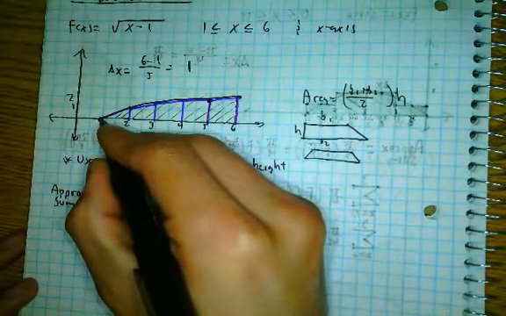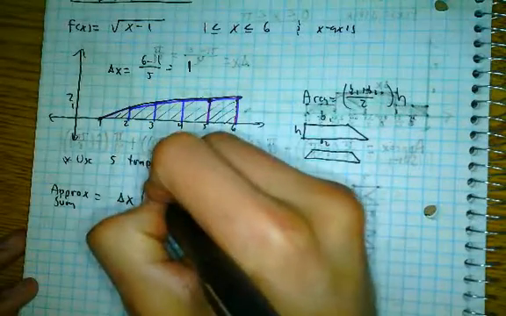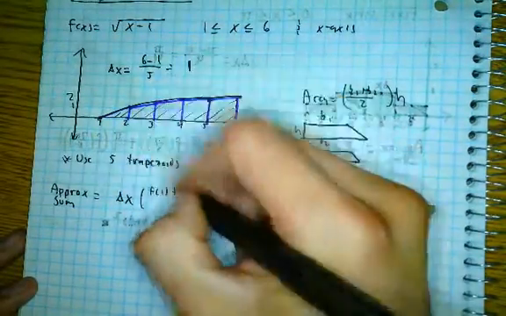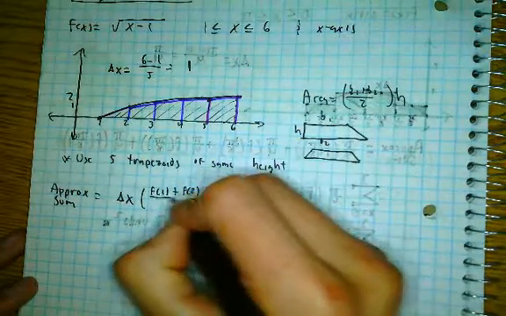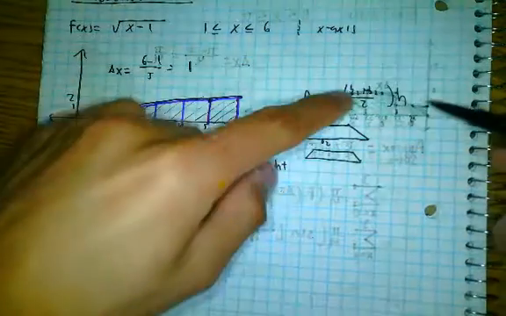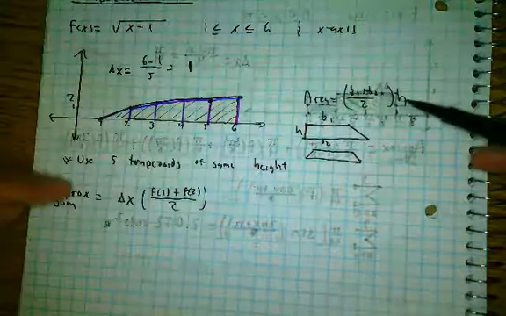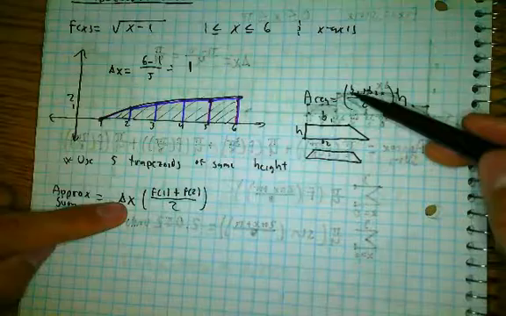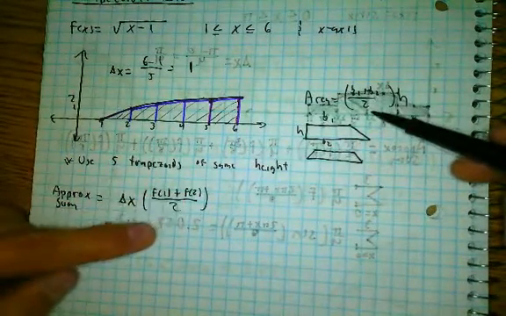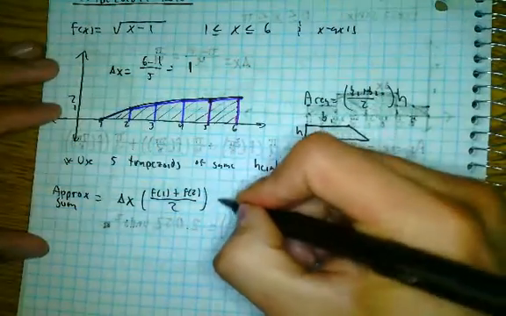H represents delta x. Base 1 is represented by the f of 1. Base 2 is represented by the f of 2. And then there's a 2, right? Plus delta x times, now we're looking at this trapezoid here, f of 2 plus f of 3 divided by 2.